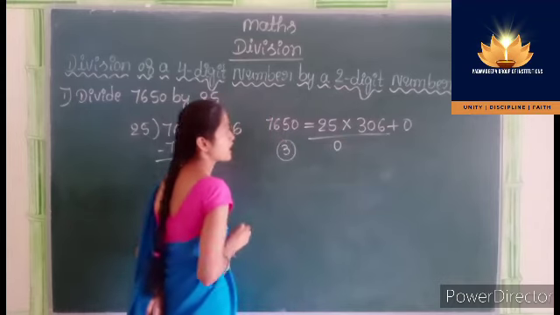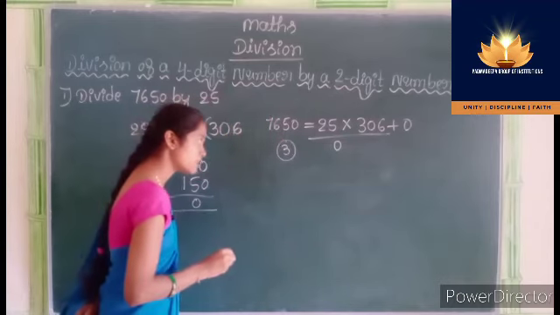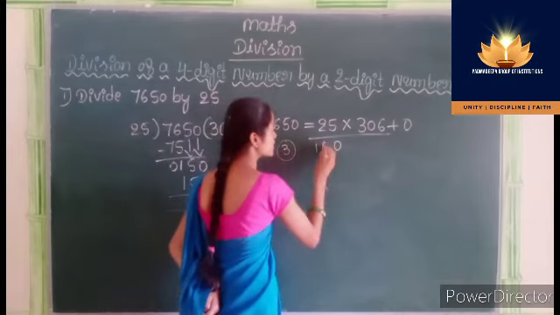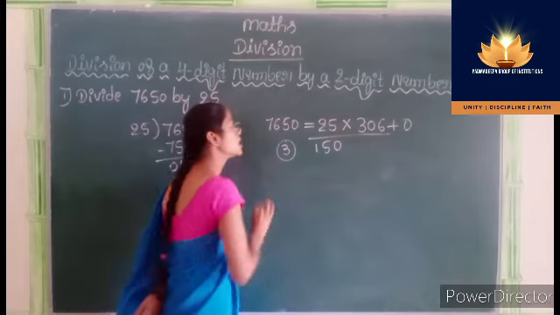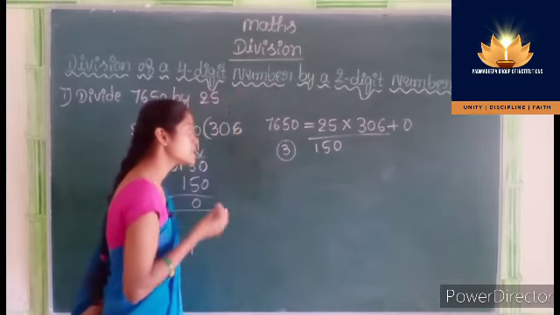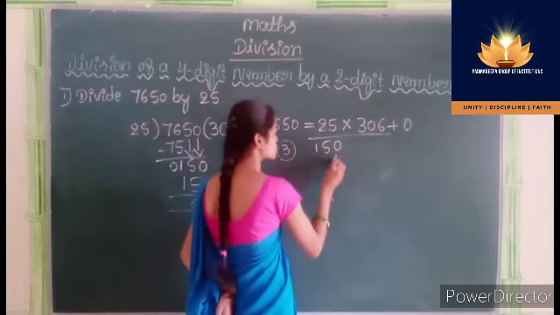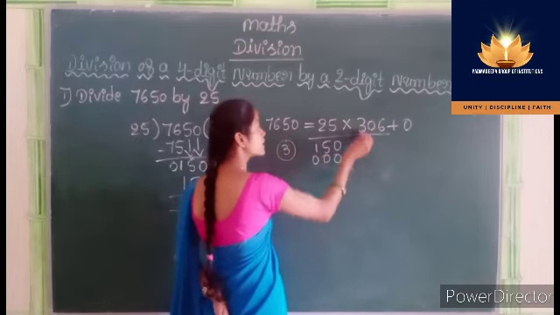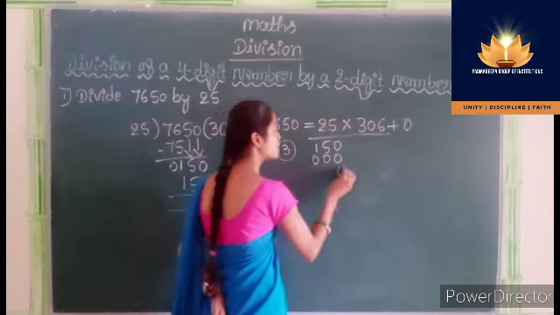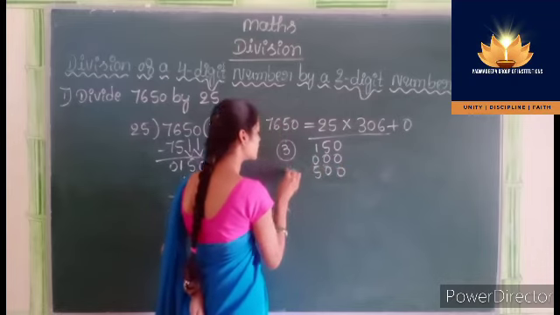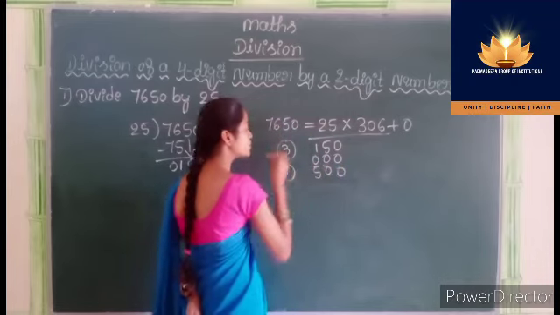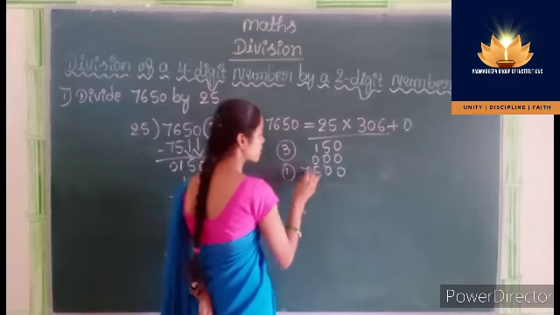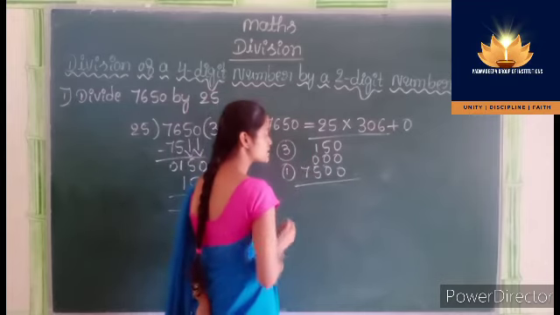Then 3 carry over. 6 2s are 12. 12 plus 3 that is 15. 0 into any number gives 0 as product. So 0. Then 3 5s are 15. 5 should be written, then 1 carry over, 3 2s are 6, 6 plus 1, 7.